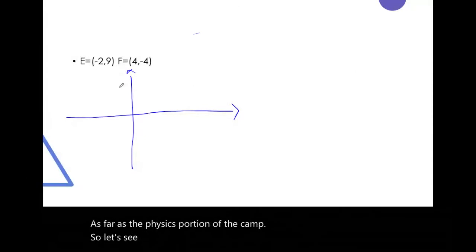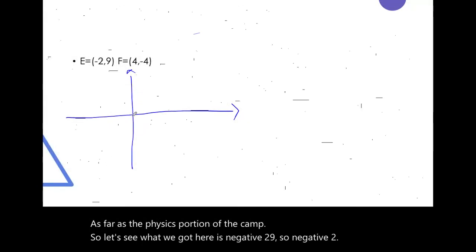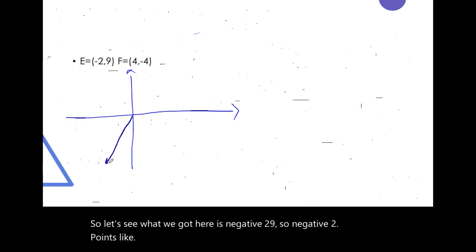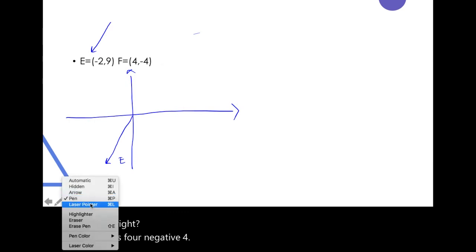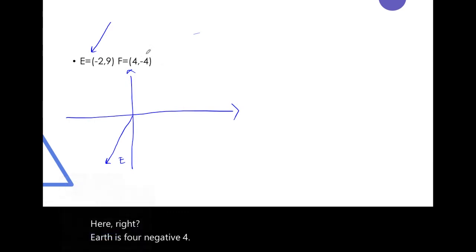So let's see what we got here. E is (-2, 9). That point's down here, right? And then F is (4, -4), so 4 that way, then down.